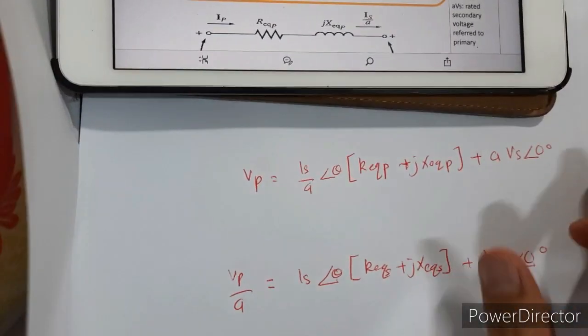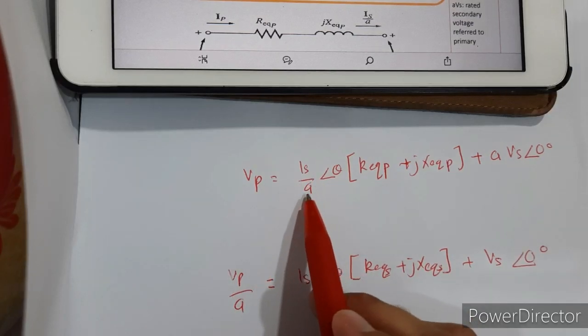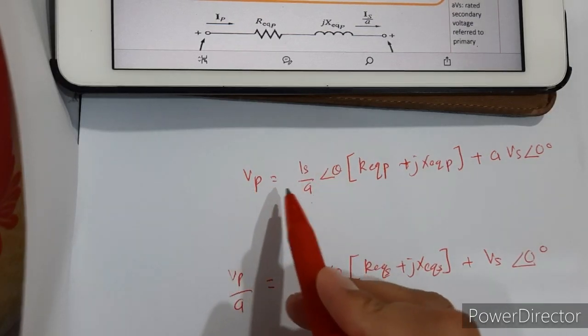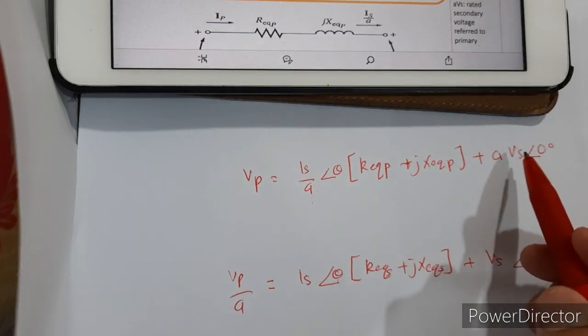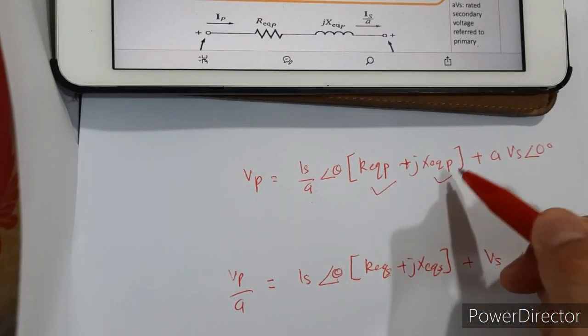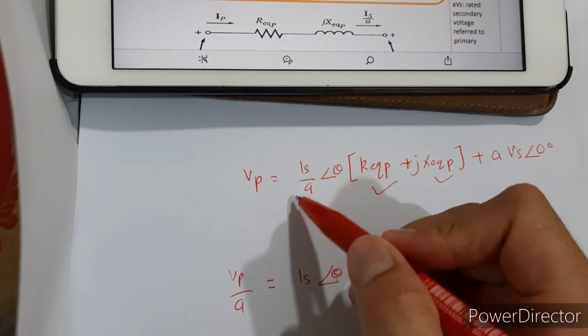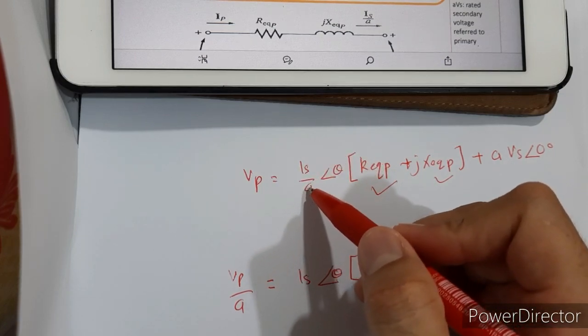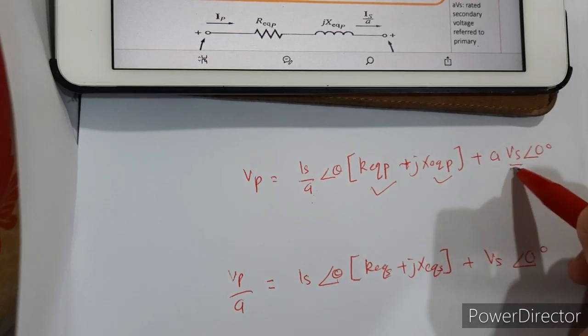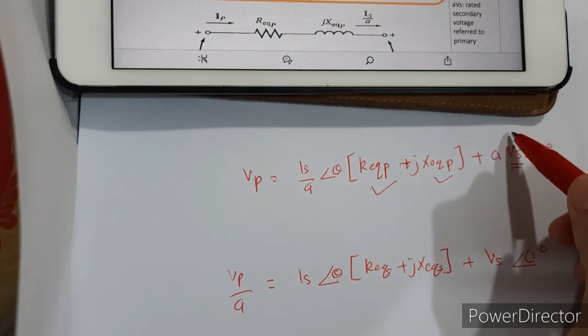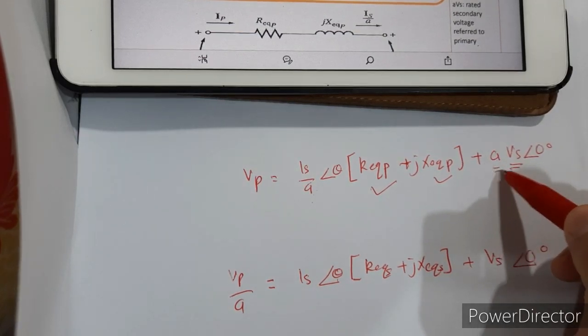Remember, all the secondary parameters we referred to primary because this circuit is referred to primary. So primary IS, originally at secondary, we refer to primary by dividing by A, and this secondary voltage we refer to primary by multiplying by A.